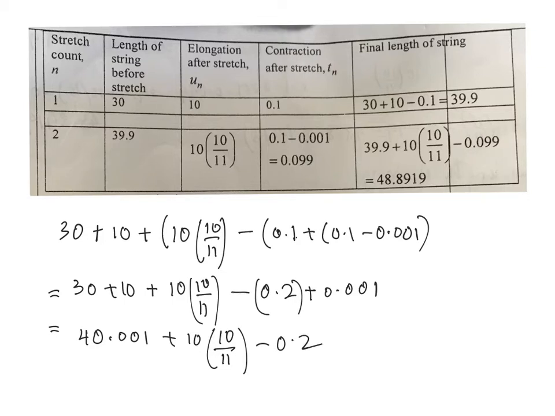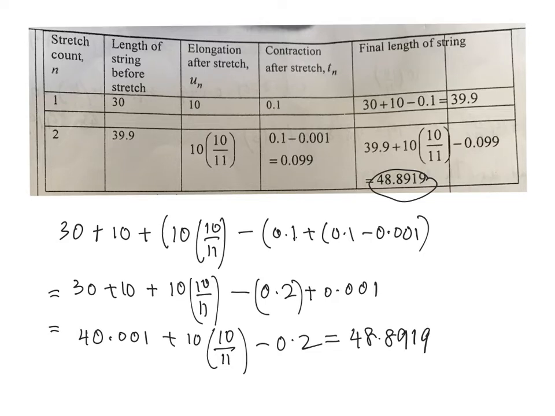There are many students who just set your calculator and get the answer to 3 decimal places. This you will lose 1 mark because we need you to write the answer before what you're asked to show, and that answer is this one, 48.8919.